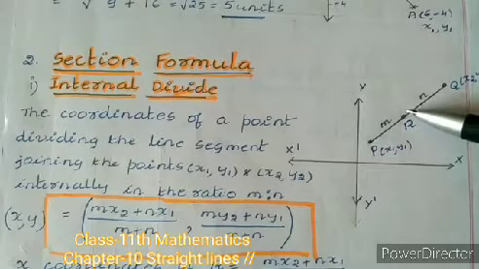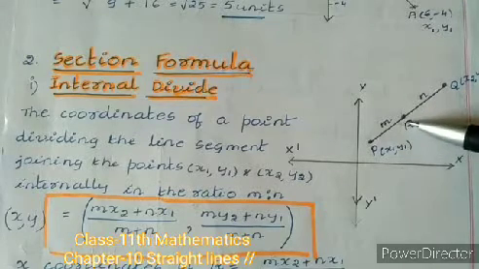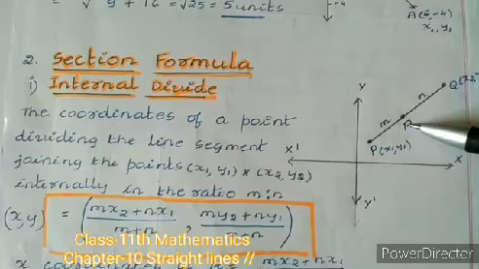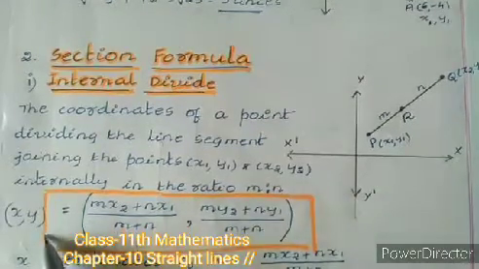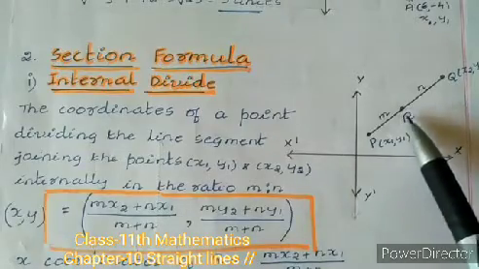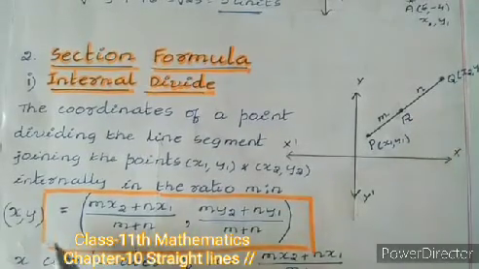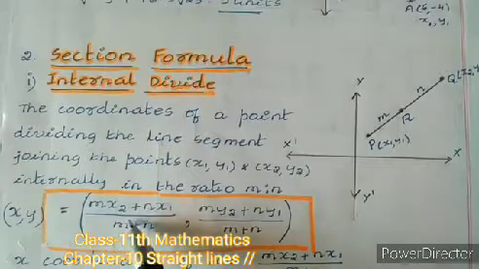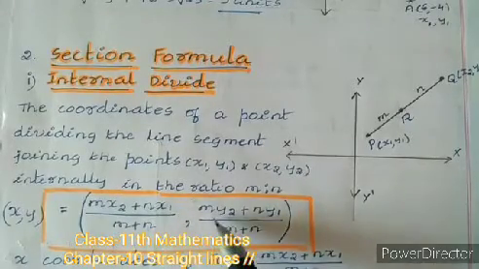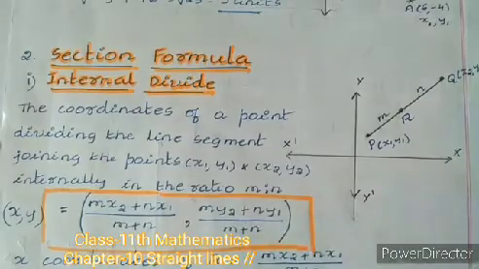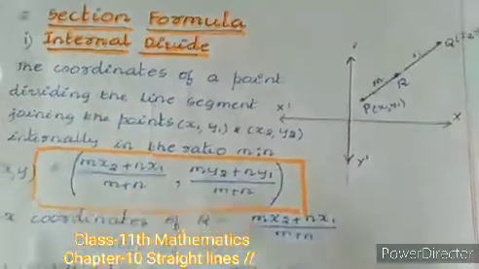Then how we can find out this point's coordinates, we can find out by using this formula. Let us say that the coordinates of the R point are x, y, that is (x, y) is equal to (mx2 plus nx1 divided by m plus n, my2 plus ny1 divided by m plus n).